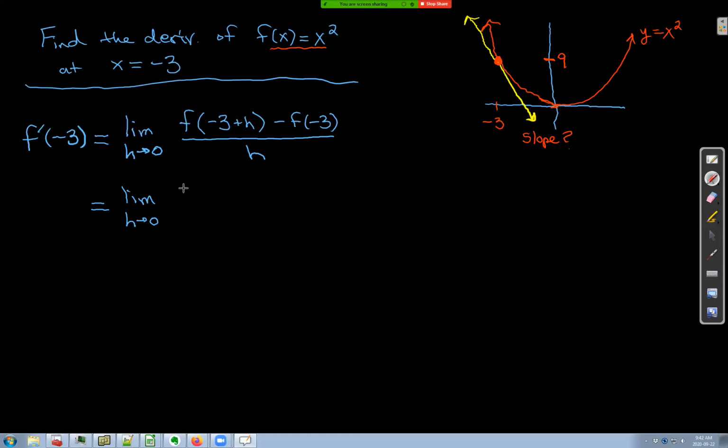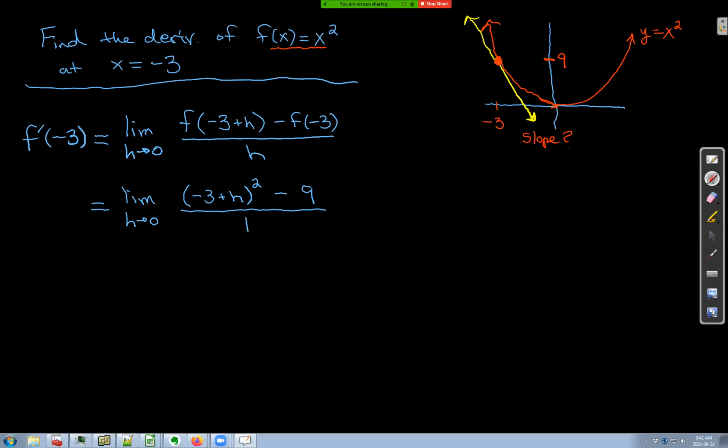So that means f of negative 3 plus h is going to be negative 3 plus h, squared, right? F is the squaring function, so whatever you put into f just gets squared. And then we minus, oh, this will be 9, because when you put negative 3 into the squaring function, you get 9.